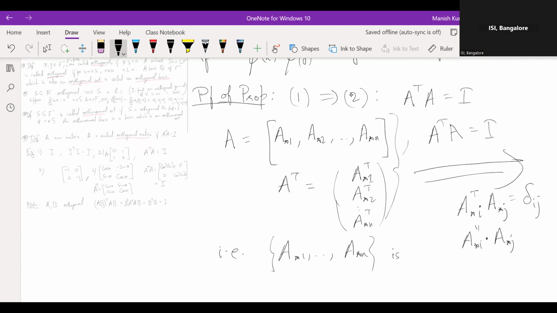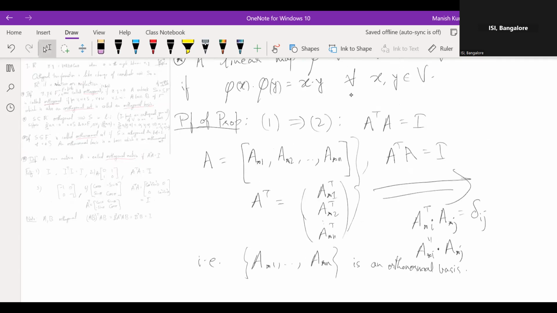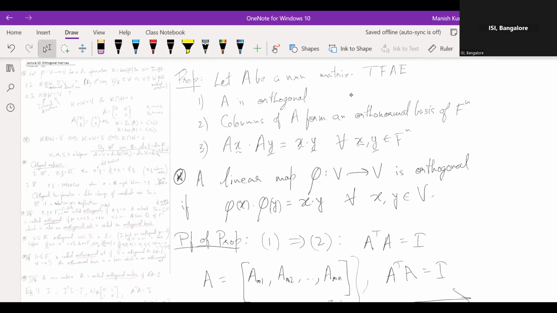So this is an orthonormal basis. That completes the proof of one implies two. Similarly, you can prove two implies one. So what does two implies one say?